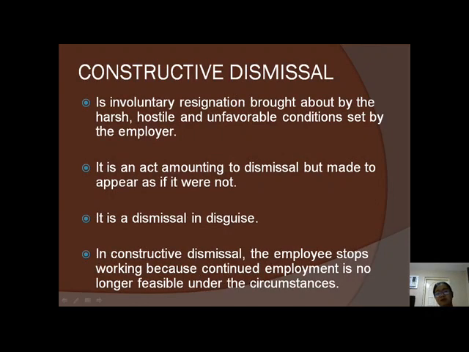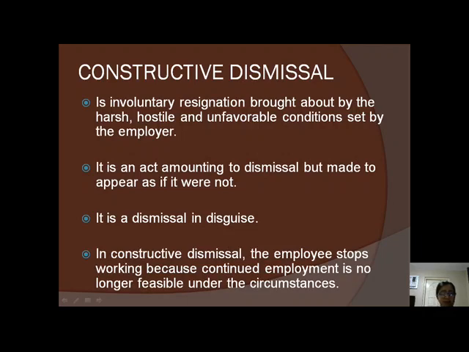Constructive dismissal is an involuntary resignation brought about by the harsh, hostile, and unfavorable conditions set by the employer. So it is an act amounting to dismissal but made to appear as if it were not. It is a dismissal in disguise. In constructive dismissal, the employee stops working because continued employment is no longer feasible under the circumstances.